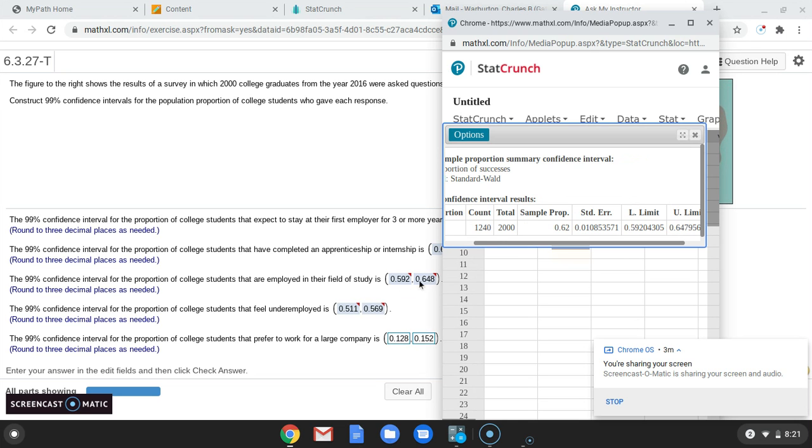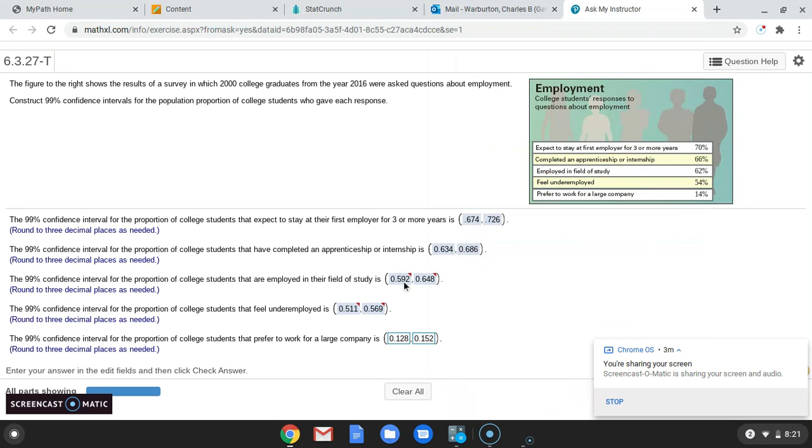There's that. Now if I hover over this, this is the correct answer. I can hover over this and see what the student answered. This is what the student answered, and that was close, but not quite it. That was also close, but not quite it. Okay. And then we do the same thing with this.